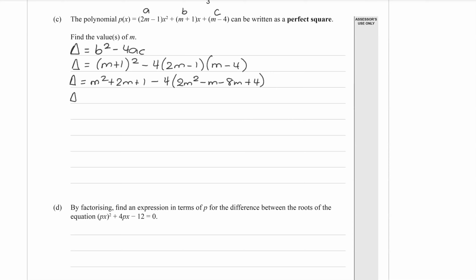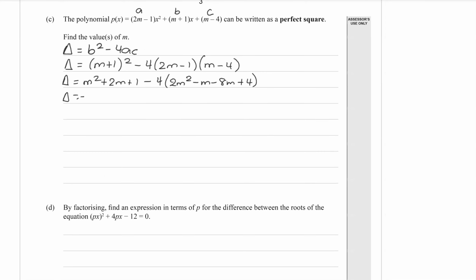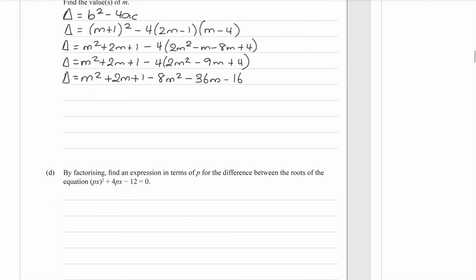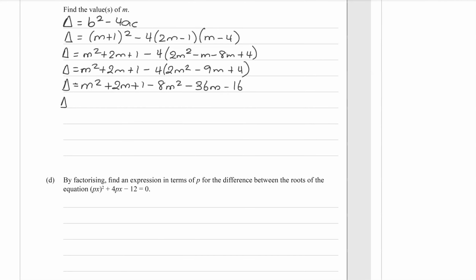Then if I simplify that, I'll get m squared plus 2m plus 1 minus 4 with 2m squared minus 9m plus 4 in brackets. I can simplify that further: plus 1 minus 8m squared minus 36m minus 16. And then I can just add the like terms.